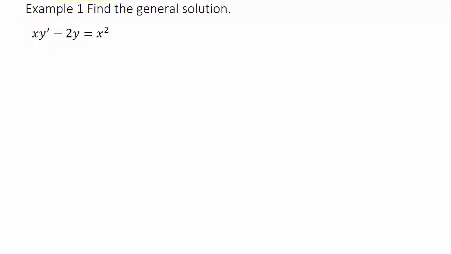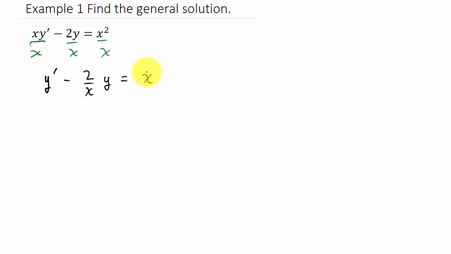to be 1. So I'm going to need to divide everything by x, and that will give me y prime minus 2 over x times y equals x.